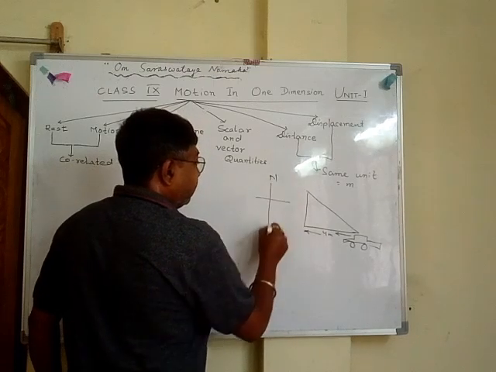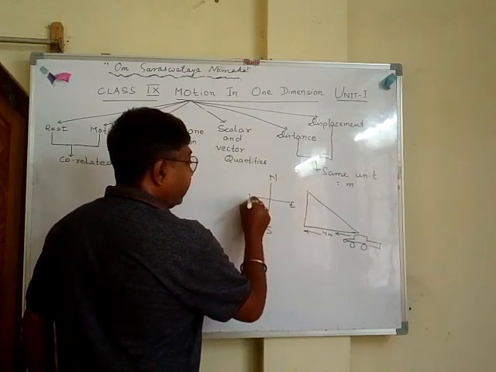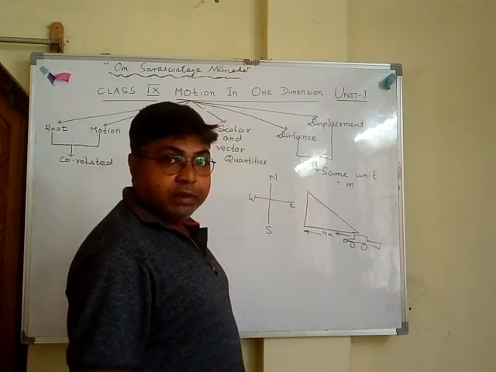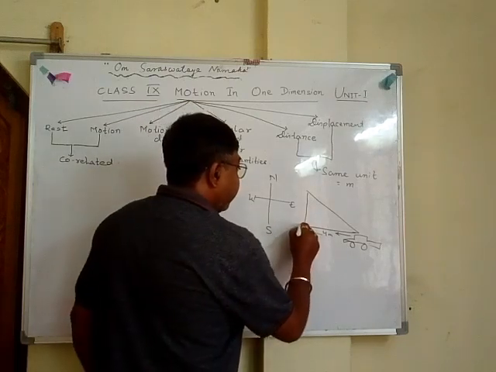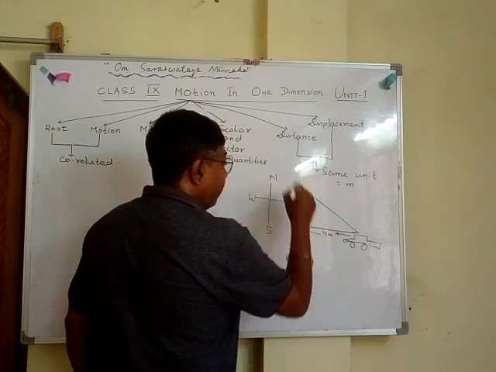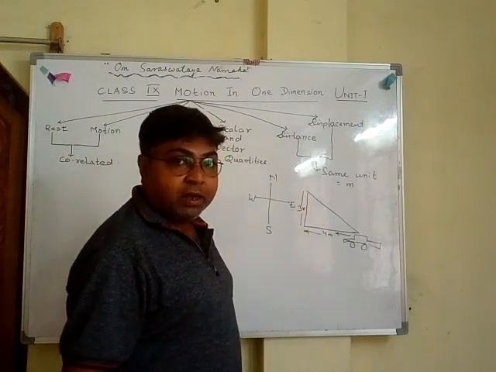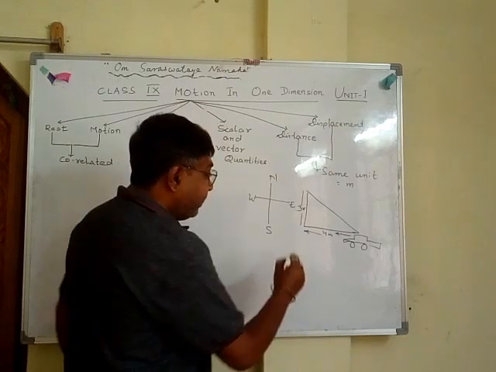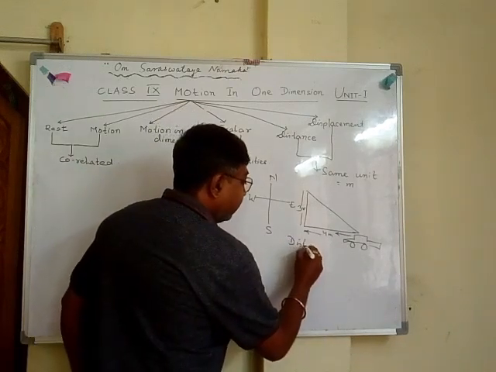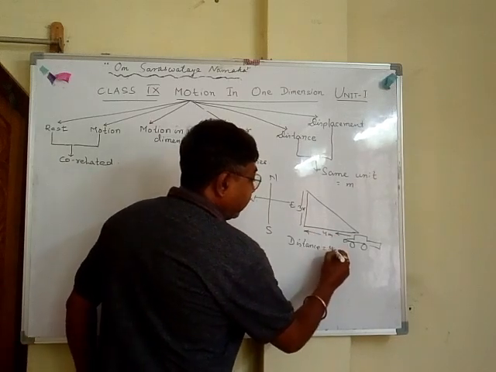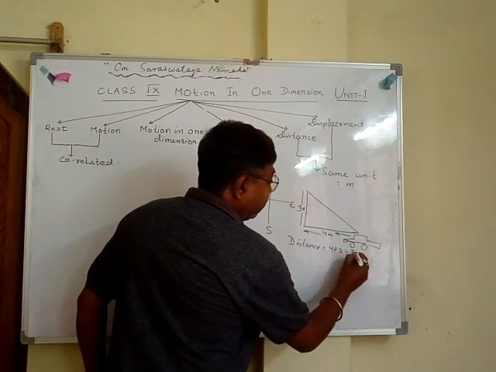This is north, south, east and west. It started moving 4 meter west and 3 meter north. Then what will be the distance covered by the car? The total distance covered by the car will be 4 plus 3, 7 meter.